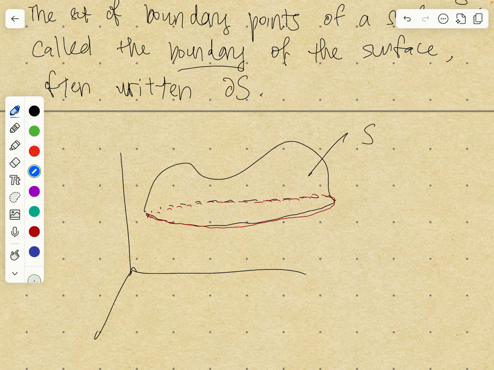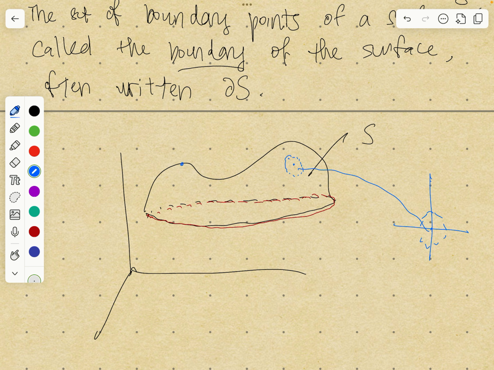Because any other point is going to have some open neighborhood that can be covered by an open set in R2. Even the ones at the top of the surface, right?